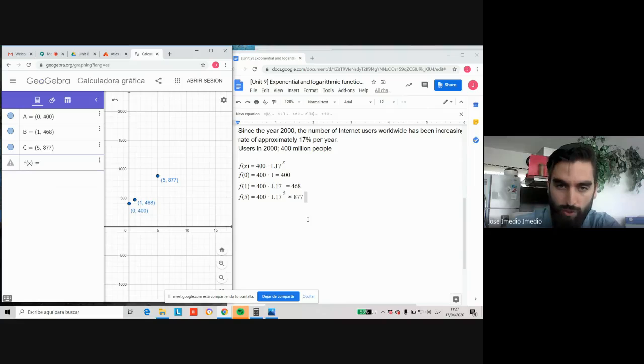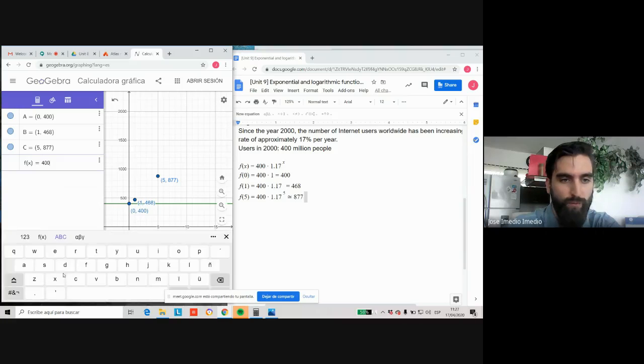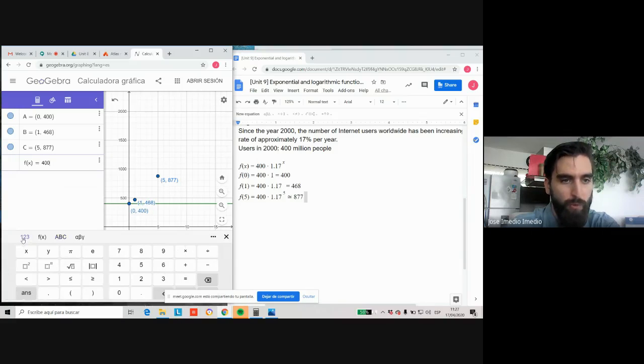So you need to know how to do this in your notebook. Then this is going to be, as you already guessed, 400 times 1.17 raised to the power of x.